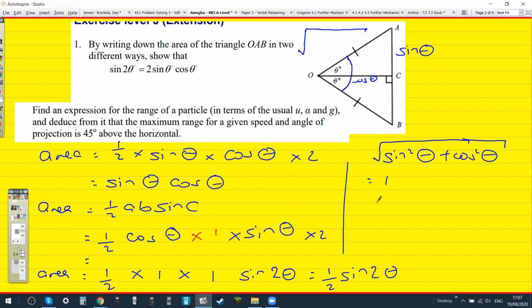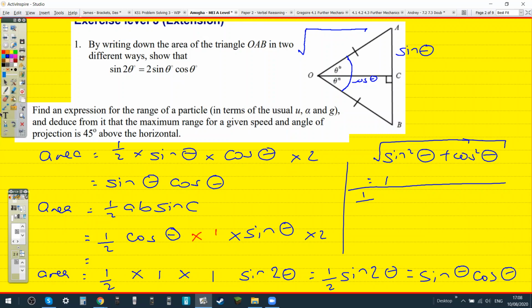What else is the area equal to? That's equal to cos theta sine theta. And if you times by 2 to get rid of the half, you have sine 2 theta equals 2 sine theta cos theta.